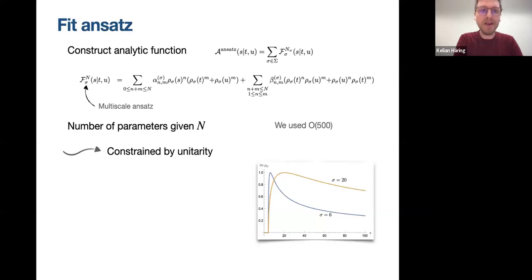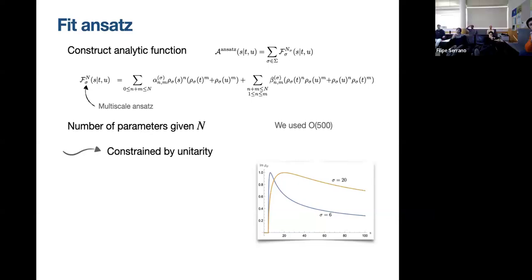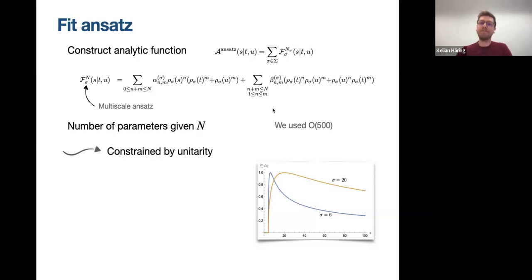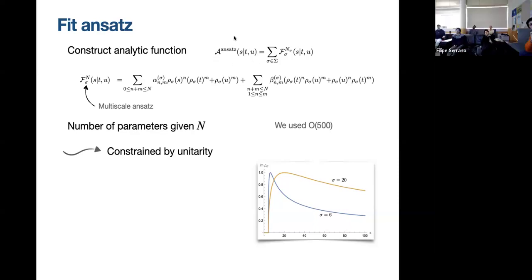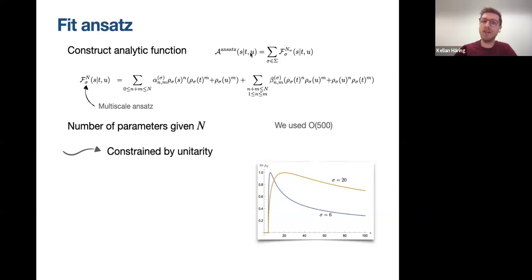So the first thing we want to do is to construct an analytic function that is crossing symmetric. This ansatz is symmetric in T and U. And so now, as before, we make an expansion in this rho variable.